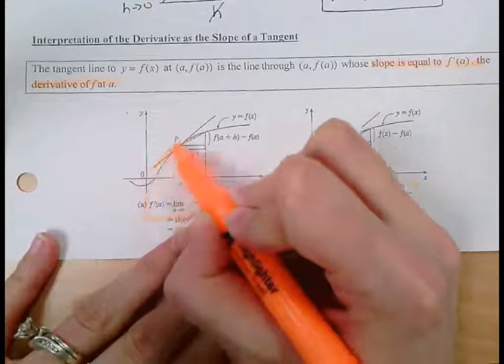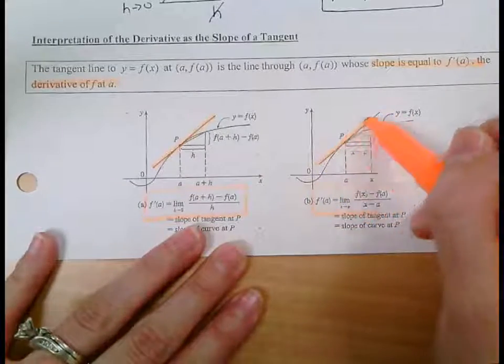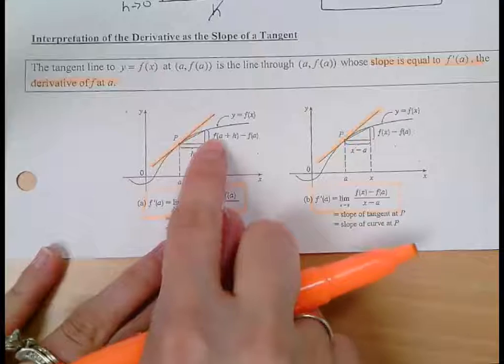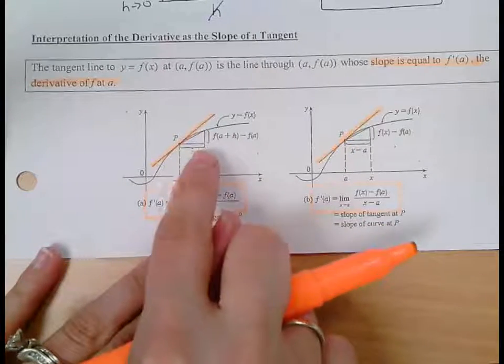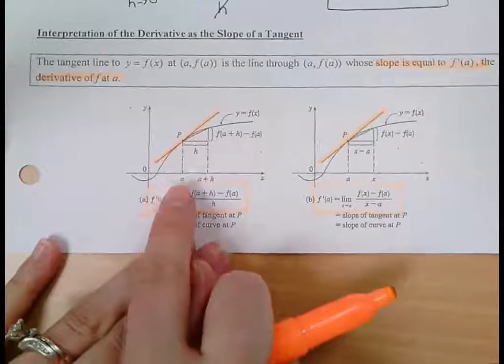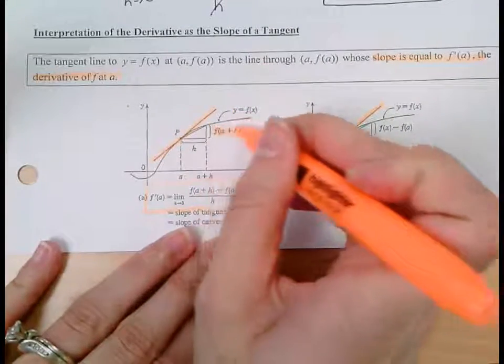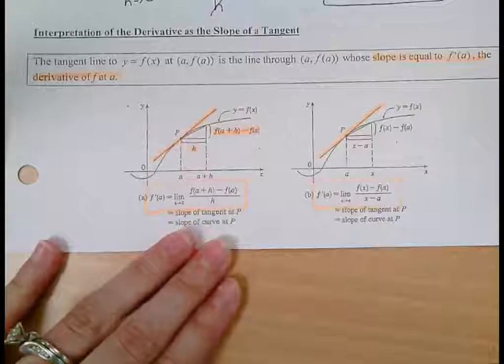So we have our tangent line through the point P. And so the one is just showing that if you let your x values go from a to a plus h, it's showing your change in y, and then your change in x is just h.